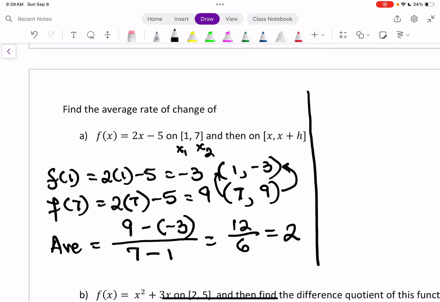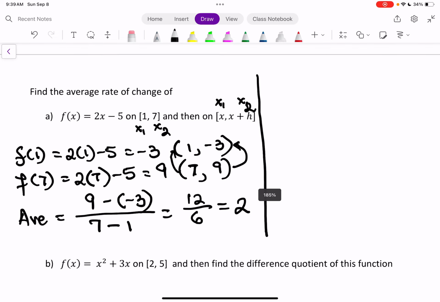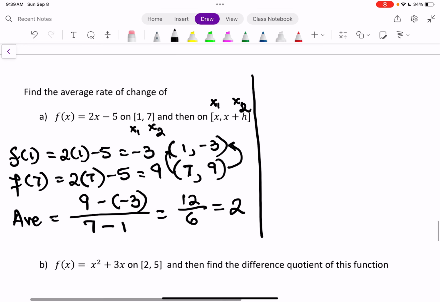Now here are abstract x values. x1 is just x, and x2 is some x plus h. How do you find the average rate of change? It doesn't matter what x values we are asked to plug in.